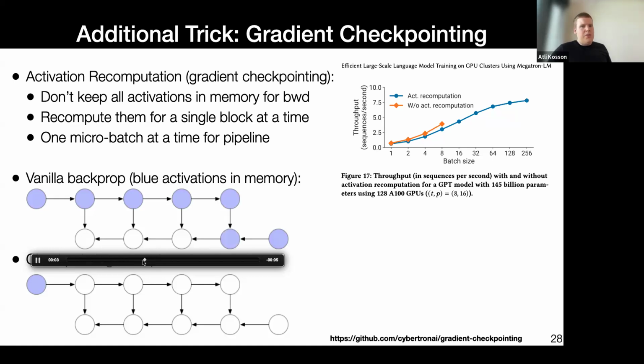Here you have computed the output gradient for this, and you no longer need the activations from the forward pass or the input gradients, because you've already computed the gradient that you care about in the end, and you continue this, and you free up the memory as you go back.